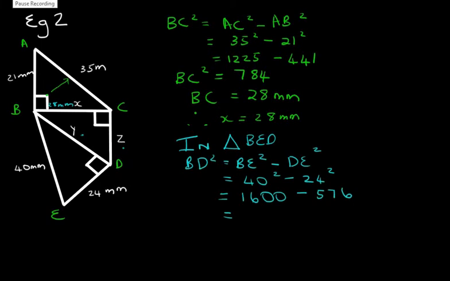We have BD squared, which will be equal to BE squared minus DE squared. Again, we are subtracting because we already have the hypotenuse. So that will be 1,600 minus 576. That will give me 1,024, the square root of which is 32. So now we have solved for Y.